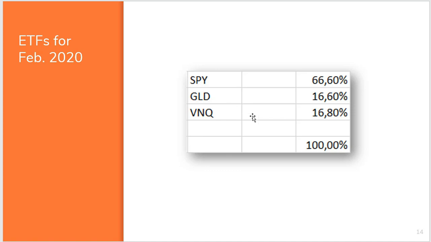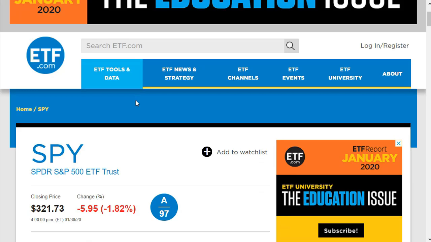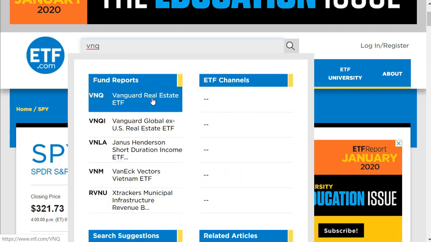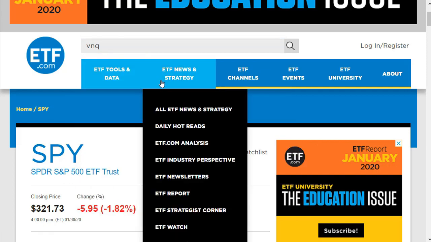Then I'm going to put 16.6% in GLD, that is the gold ETF, that is tracking the gold prices. And I am going to put 16.8% in VNQ. If you're looking at the VNQ here, that is the Vanguard Real Estate ETF. So it is going to put a portion of my money in real estate.